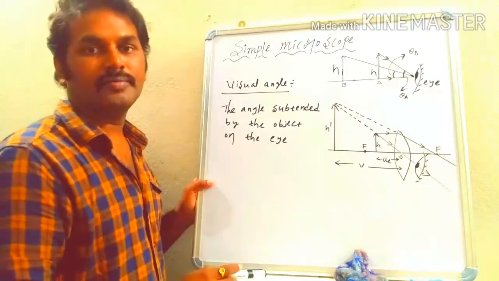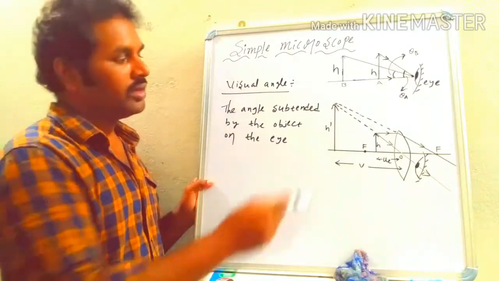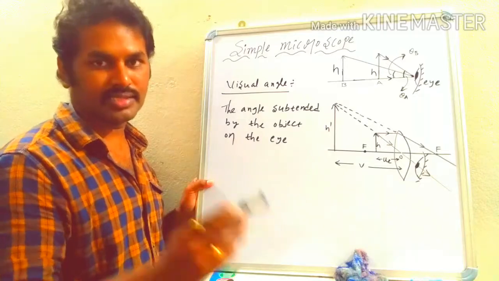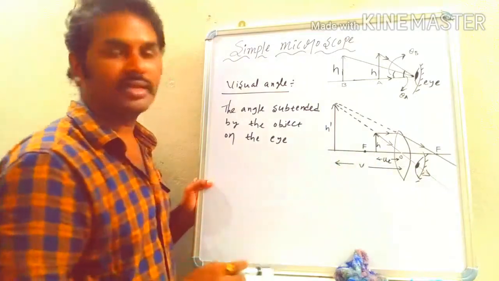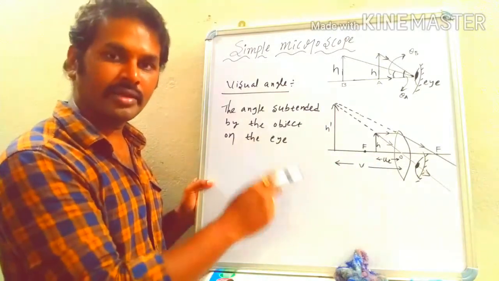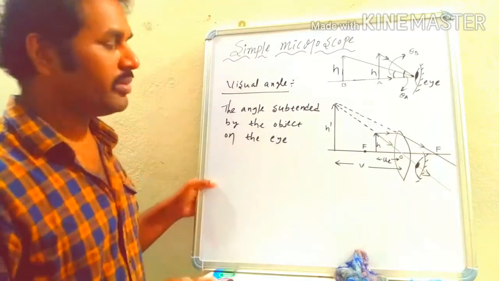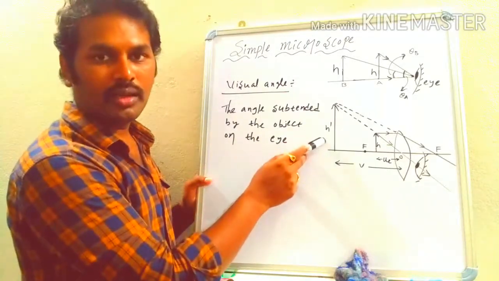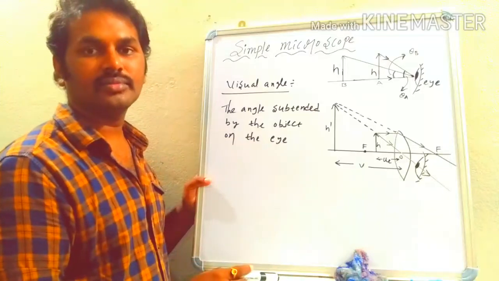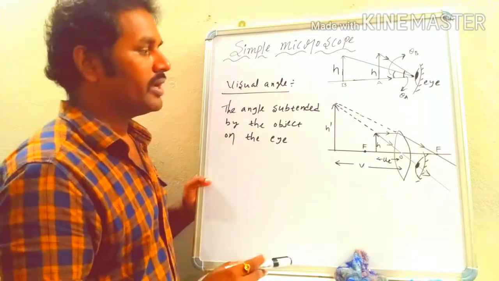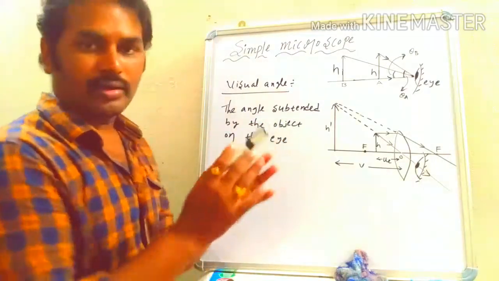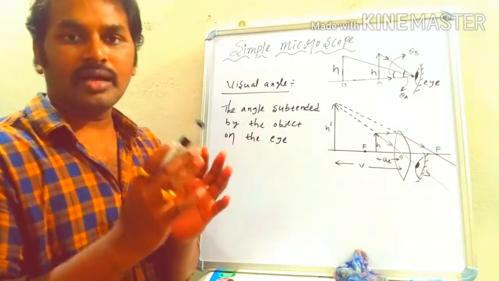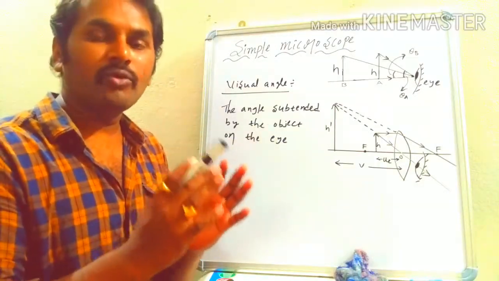As you have studied the cases of the convex lens, this comes as the last, sixth case, when the object is taken between the optic center and the focus, and the nature of the image is virtual, erect, and magnified.